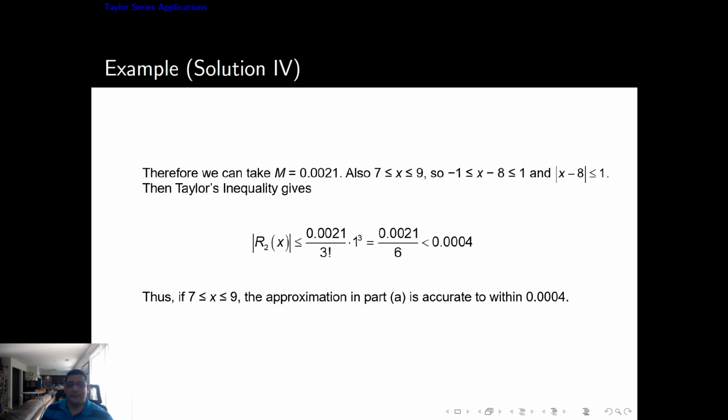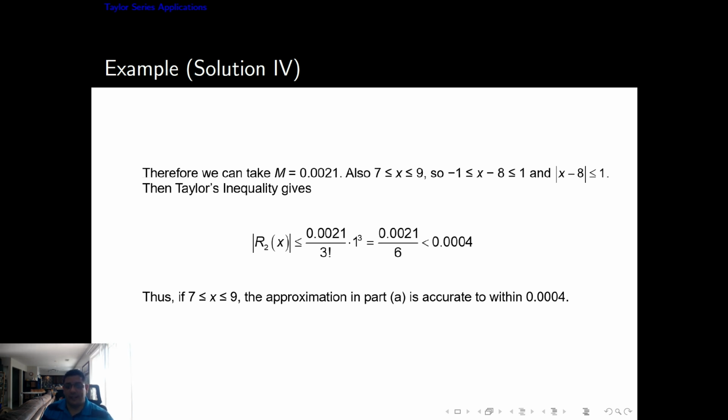Now, also, if x is between 7 and 9, then I can say that x minus 8 really is between minus 1 and 1. So this will be saying, well, the radius of convergence here is 1. x minus a is less than 1.